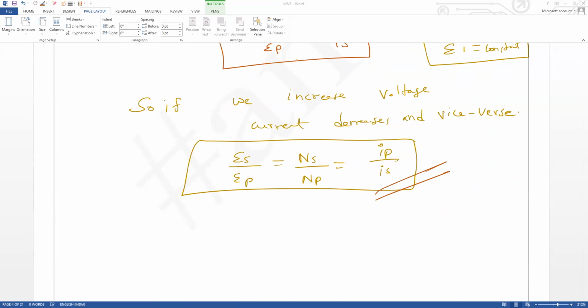So if voltage increases, current decreases, and if current increases, voltage decreases. Both are vice versa.